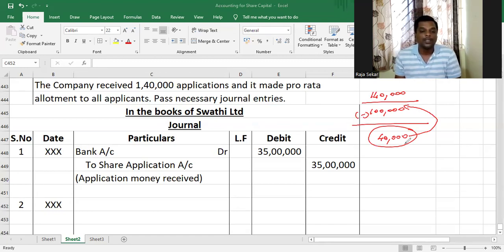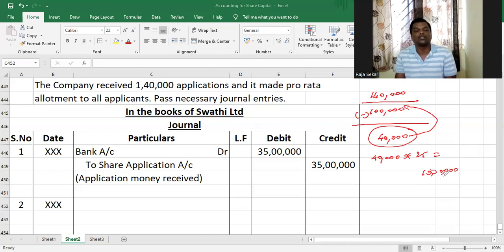Understood or not, my dear children? Which means the 40,000 extra applications have been made by the existing shareholders only, and each of them has paid 25 rupees per application. So on 40,000, you would have received 10 lakh rupees in advance, that is, 10 lakh rupees in excess. Now, the company can do various different things with the 10 lakh rupees that has been received in advance.